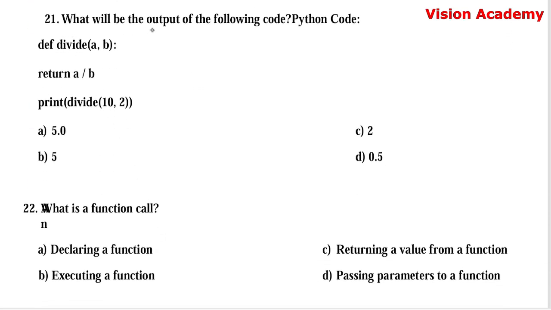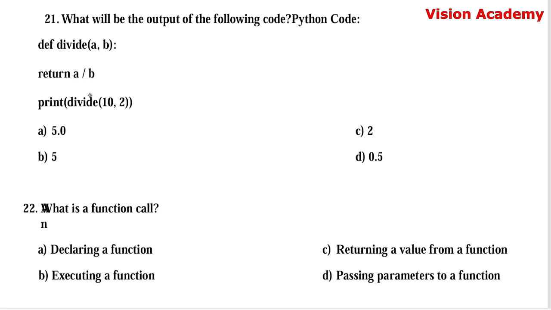Question number 21. What will be the output of the following code? Def divide a comma b, return a divided by b. So def is a keyword which is used to define a user defined function. Divide is the valid function name. A comma b, both of these two are parameters passed to the function, returning a divided by b.